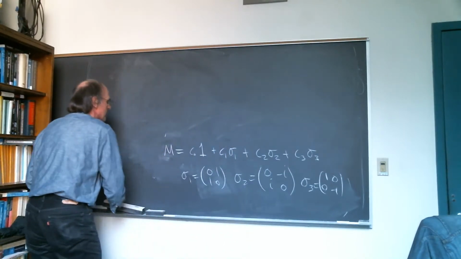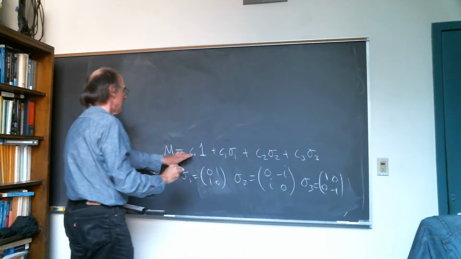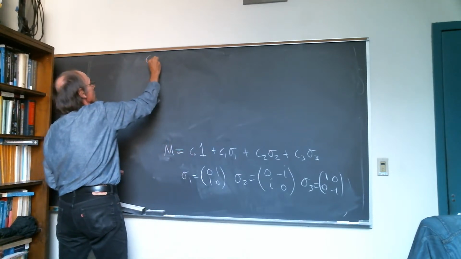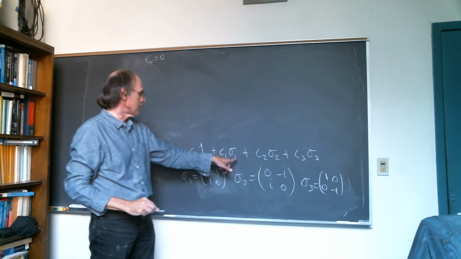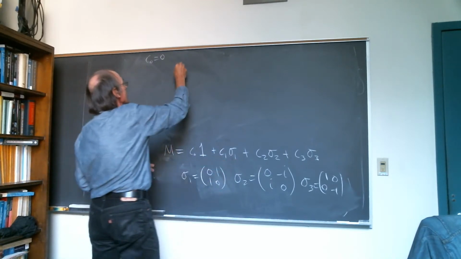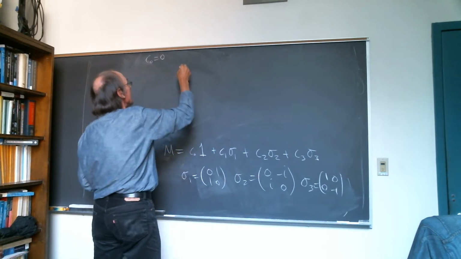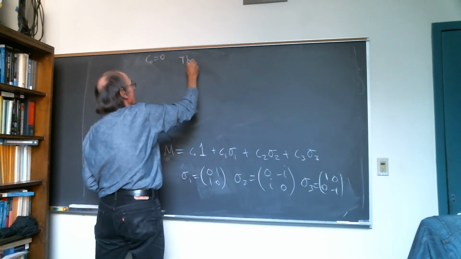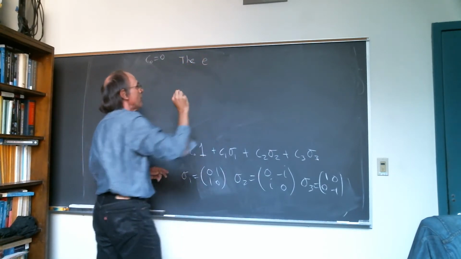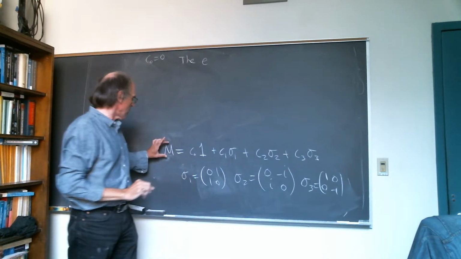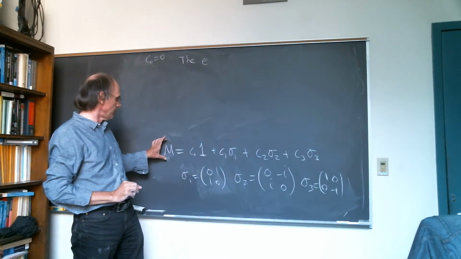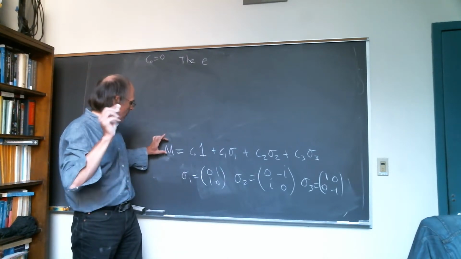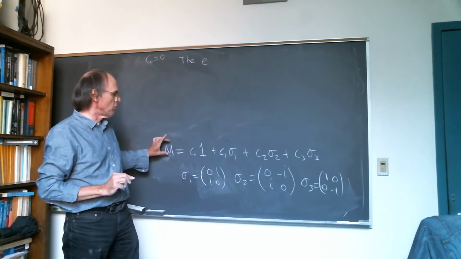If you take C0 equal to 0, let's forget about that. And then let's look at these guys, e to the iM. So we're going to say this guy is kind of a generalization of our Q, of the quantum observable Q for U1.